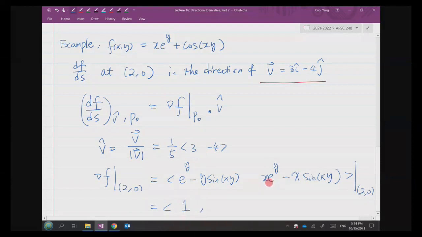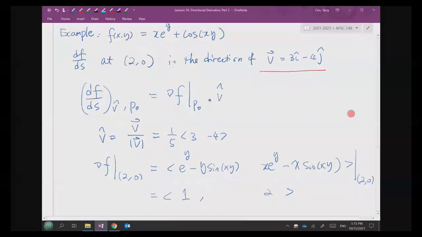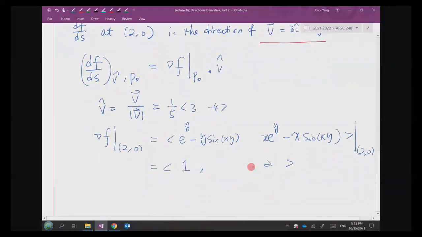X is 2, 2 times 1, so 2. And then the next one is 0. So the gradient at the p naught location, the 2, 0 location, is 1, 2. Then you can substitute the two vectors into the directional derivative formula.